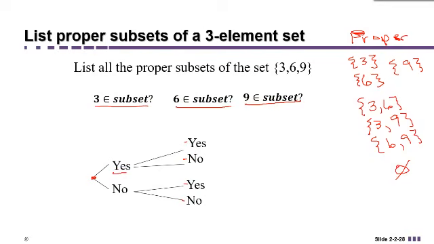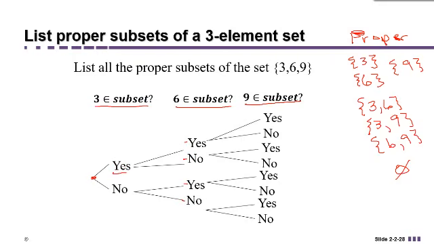And now we're going to answer the question, is 9 in the subset? Each one of these branches is a different scenario, and in each case we still could have 9 or not 9 in the subset. So yes, no, yes, no, yes, no, yes, no. Each one of these branches represents one scenario.